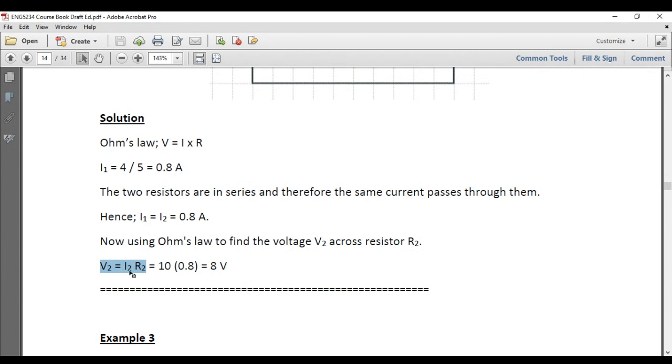If you specify these with a subscript, a subscript means an accessory to the main term. The main term is V and the number 2 specifies which voltage you are finding out. You are finding the voltage on resistor 2. So remember always to write formulas like this.